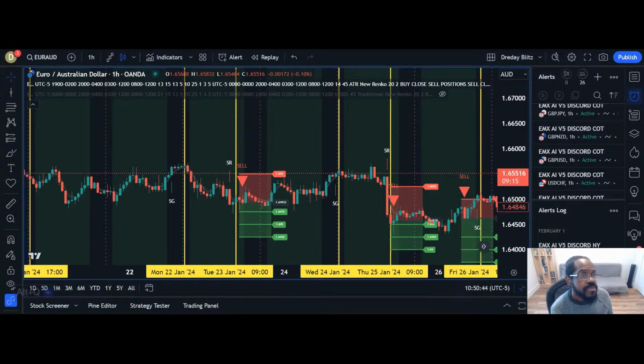We'll wait for NFP tomorrow. Usually on Sundays... tomorrow it's only just to look at the NFP to see exactly how the market is reacting, and then we'll be done.